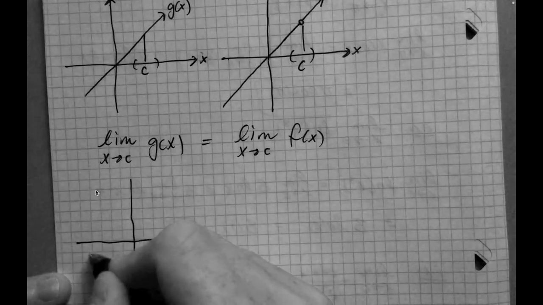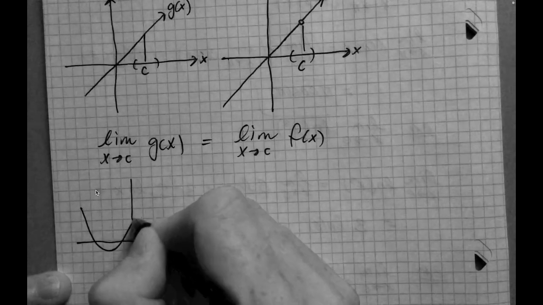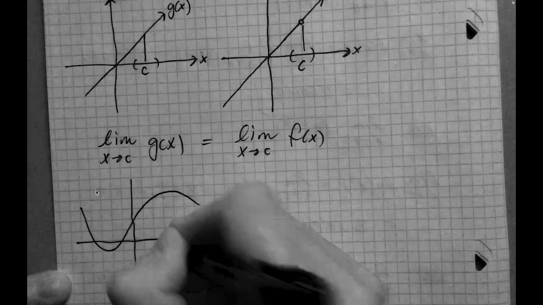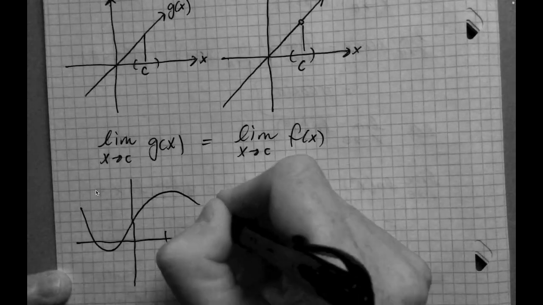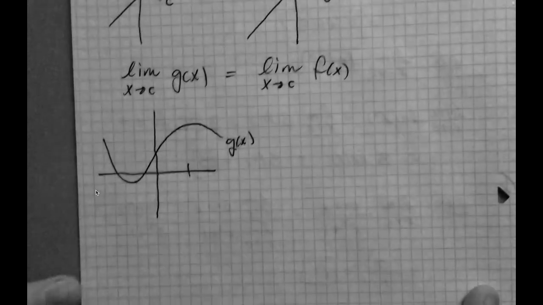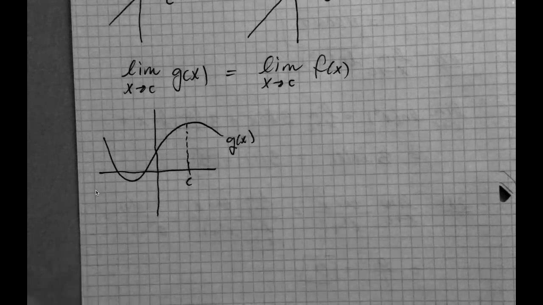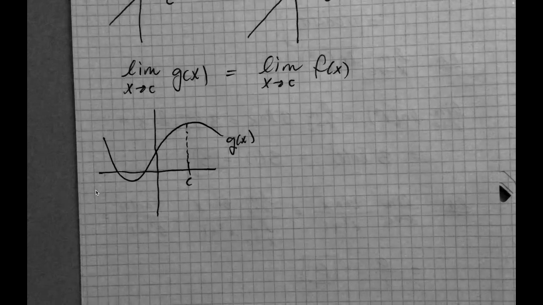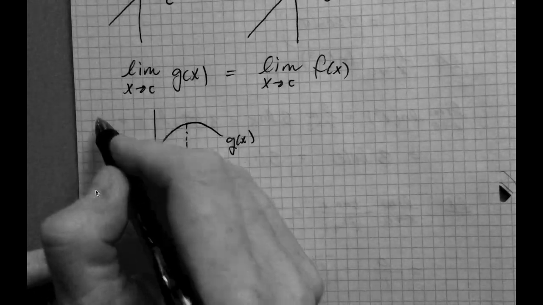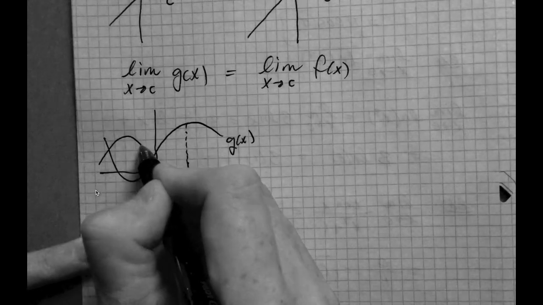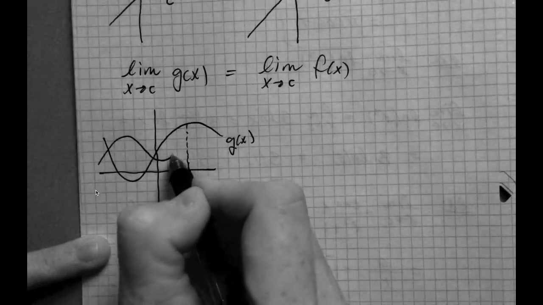All right. So let me see if I can draw a slightly more complicated example here. Let's say this is your g function here. And here's c. Clearly the function has a limit at c. Then let's say the f function does something different. Let's say it goes like this.